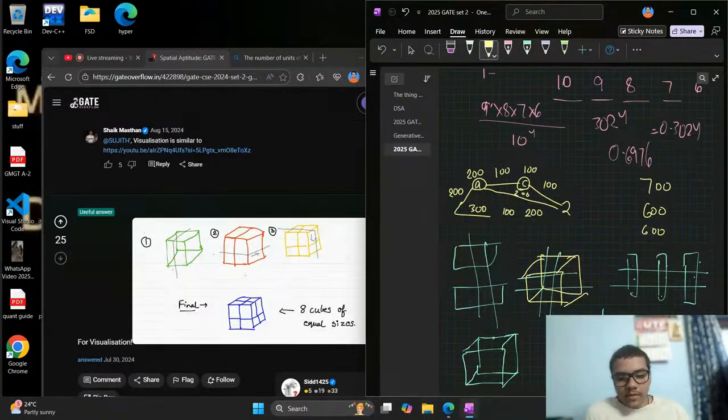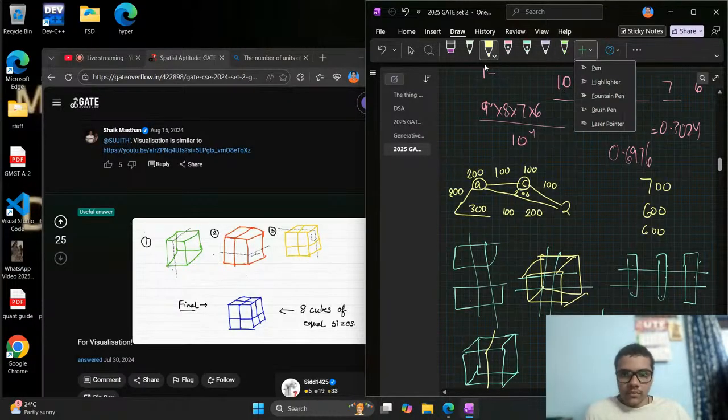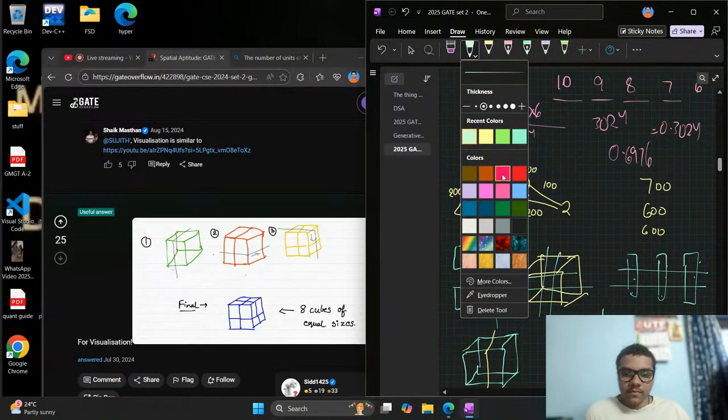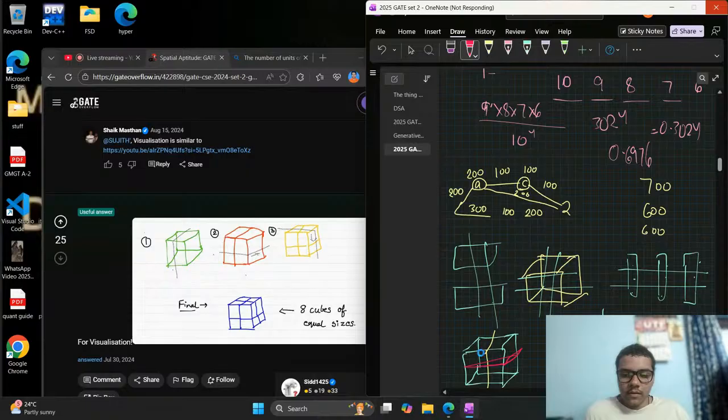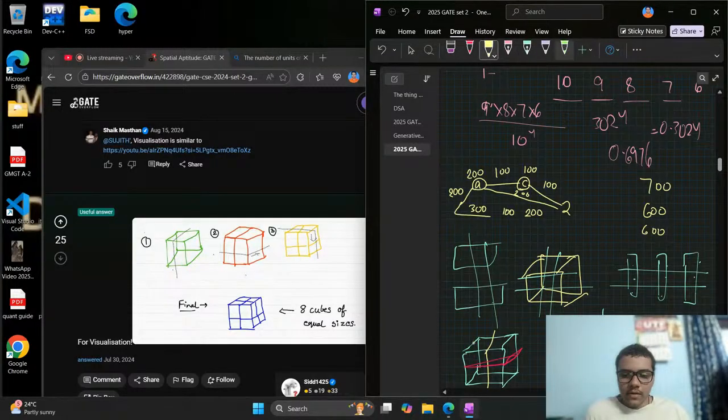So the first cut is like this, and the second cut is like this, and third cut is like this.